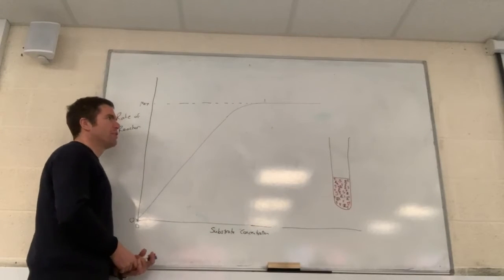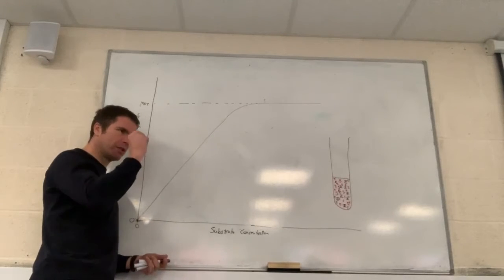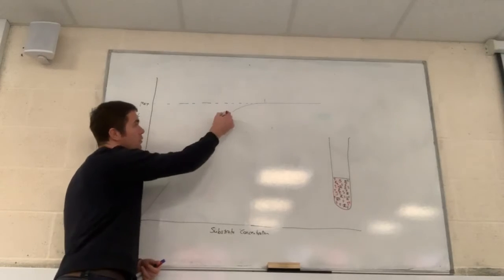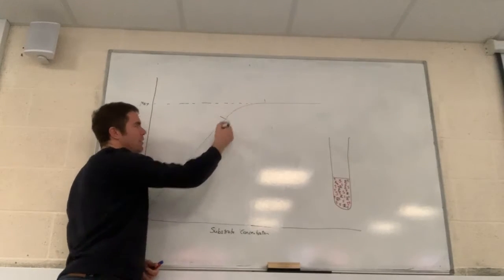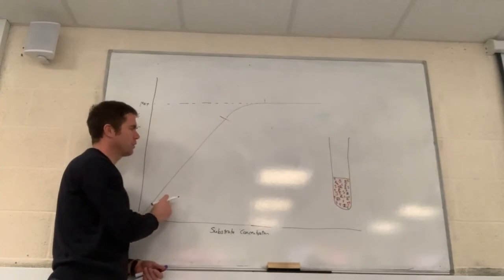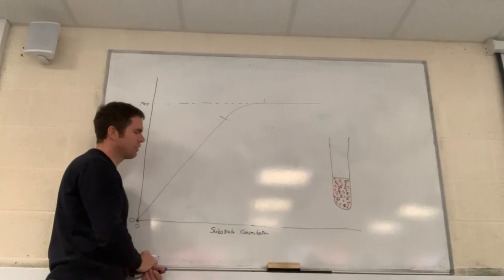So that's the explanation really, but as I did before with temperature, there are certain marking points, certain waypoints we need to hit. Like I said, there are 2 sections here. We kind of ignore this one because it gets very complex. We've got this sloping section, where as substrate concentration increases, rate of reaction increases.